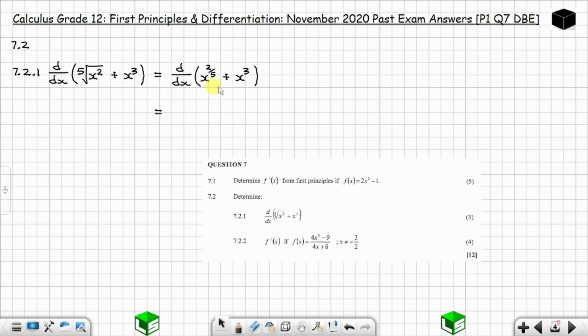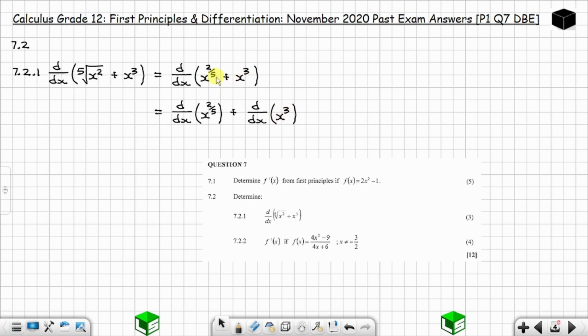This is equal to, you have two parts. You have this part plus this part. This is equal to, you take the derivative of the first part, plus the derivative of the second part. So this is according to the rules of differentiation. The second part is x cubed. You can see this is the first part and this is the second part.